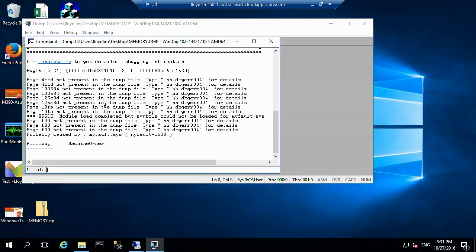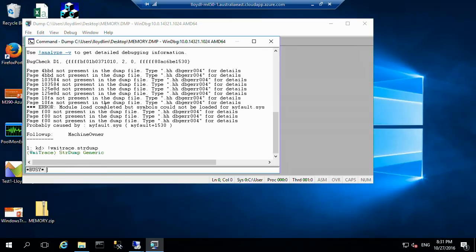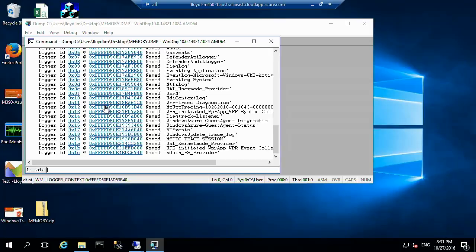So I'm not going to bother. What I'm trying to show you is this part here. You do an exclamation mark wmitrace.strdump. That tells you a list of all the items in your system that were actually logging to memory at the point when the thing failed.